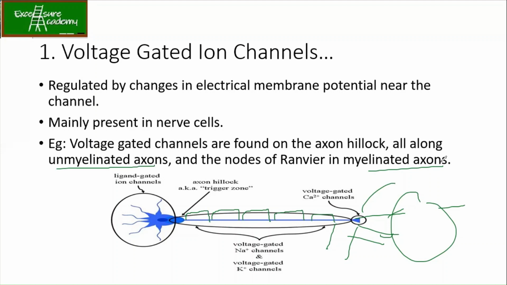Because actually myelin causes the channels to be blocked or not be present, which means that the signal will jump over the myelin, as in it will jump faster, and that is why myelinated axons are generally faster compared to non-myelinated ones.